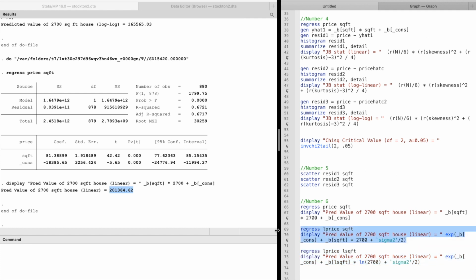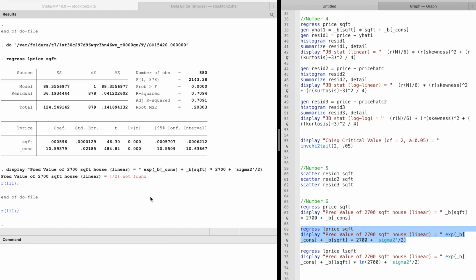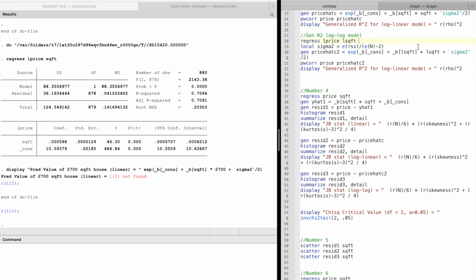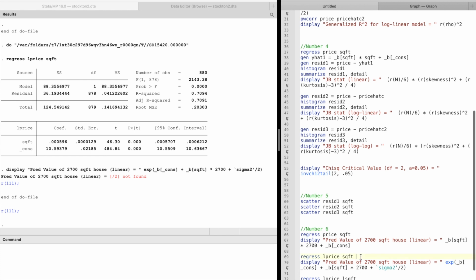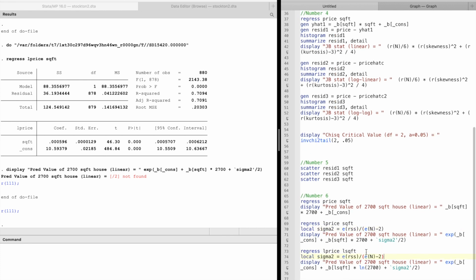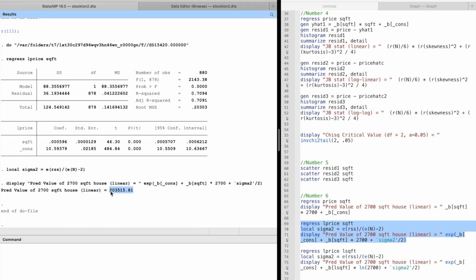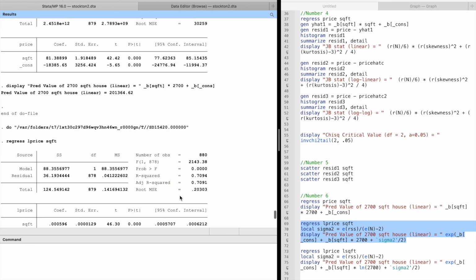And so when we run these, we need the sigma squared local variable in here too. So copy that. And run this. We get a house of 203,515. It's very similar.